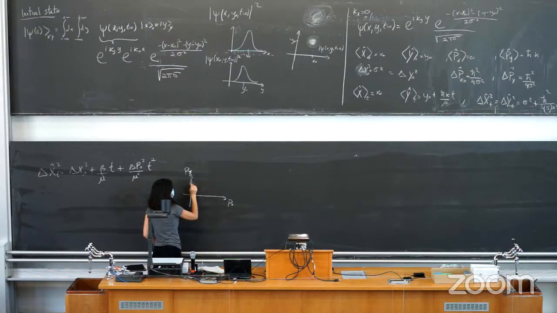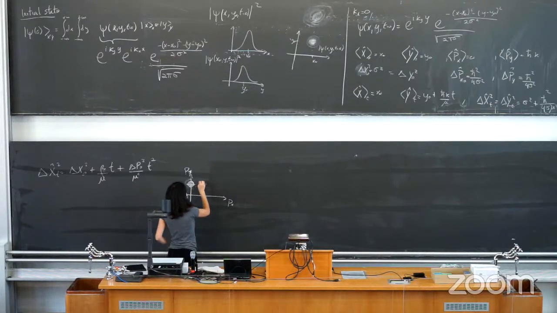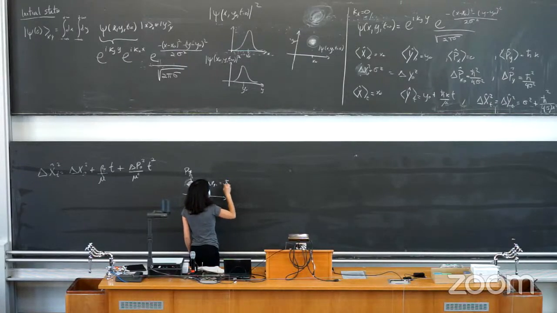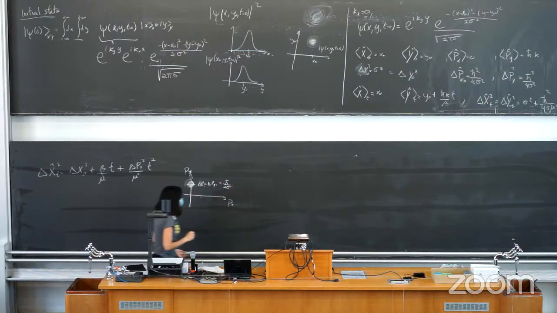This little blob, the size of the blob before it becomes more and more diffused, is going to be the sigma momentum. Sorry, the delta p x, delta p y at time 0, and that's that thing there.